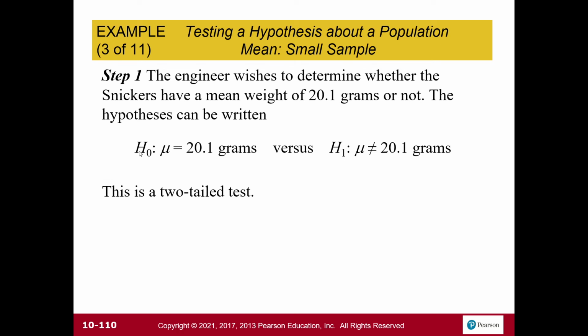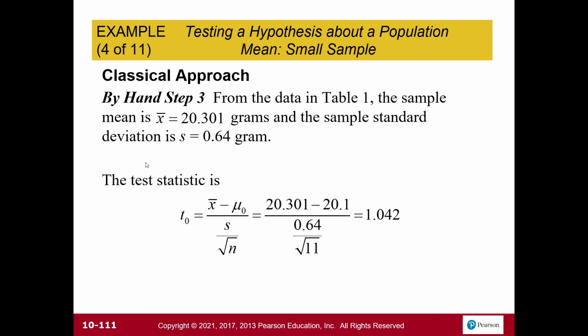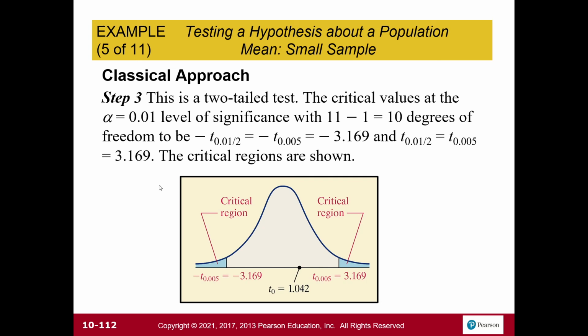So we are going to set up a two-tailed test. The level of significance is 0.01. From the data, we can calculate the mean and standard deviation. The test statistic is here. And this is what we're getting.